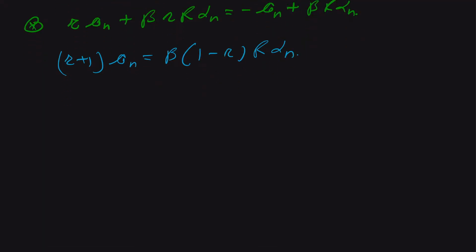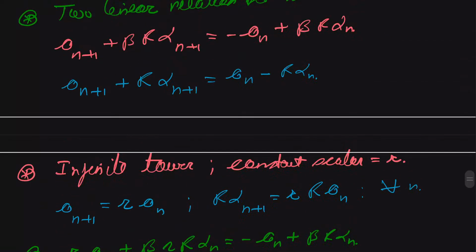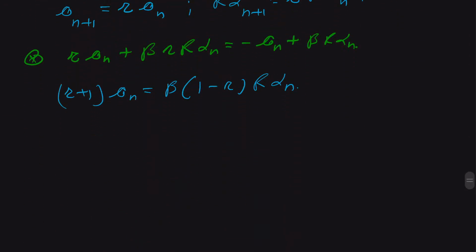And from our second equation, this equation is going to give us r a of n plus r alpha of n is equal to a of n minus r alpha of n.